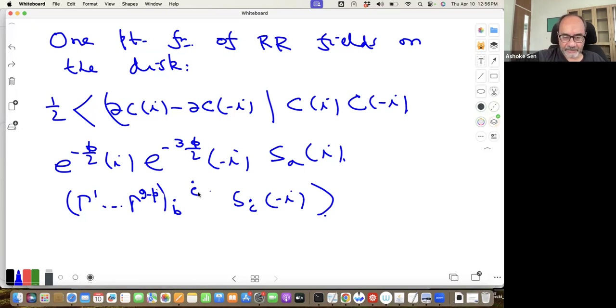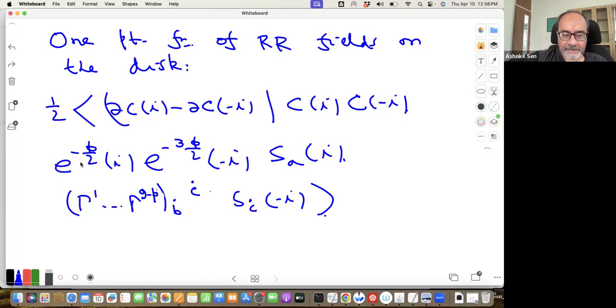Exactly. So it's actually the GSO projection only. Yes, exactly. Because the GSO projection of e to the minus 5 phi by 2 has an extra minus sign, right? So e to the minus 5 phi by 2 and e to the minus 3 phi by 2 have opposite GSO parity. And that's the reason why this has changed to SC dot rather than SC.